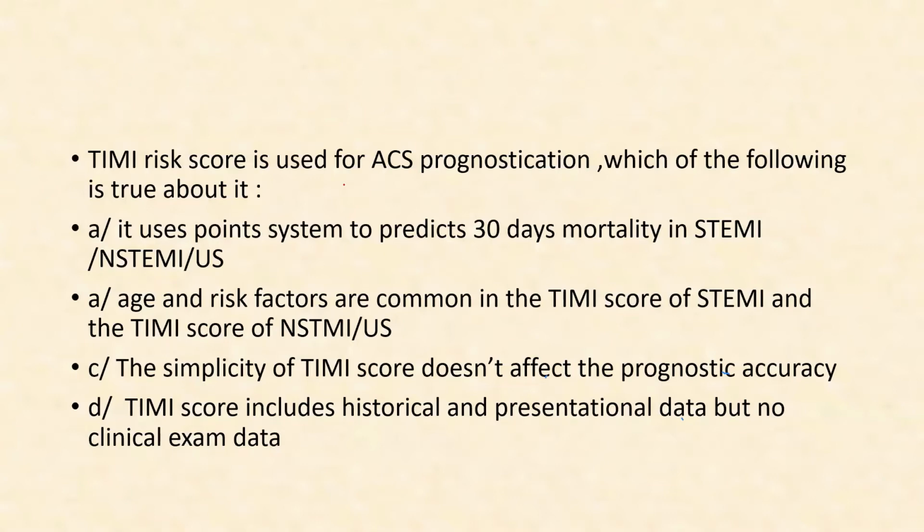So TIMI risk score is used for acute coronary syndrome prognostication. Which of the following is true about TIMI risk score? It uses point system to predict 30 days mortality in STEMI, non-STEMI, and unstable angina. Age and risk factors are common in TIMI score of STEMI and TIMI score of non-STEMI and unstable angina. The simplicity of TIMI score does not affect the prognostic accuracy.